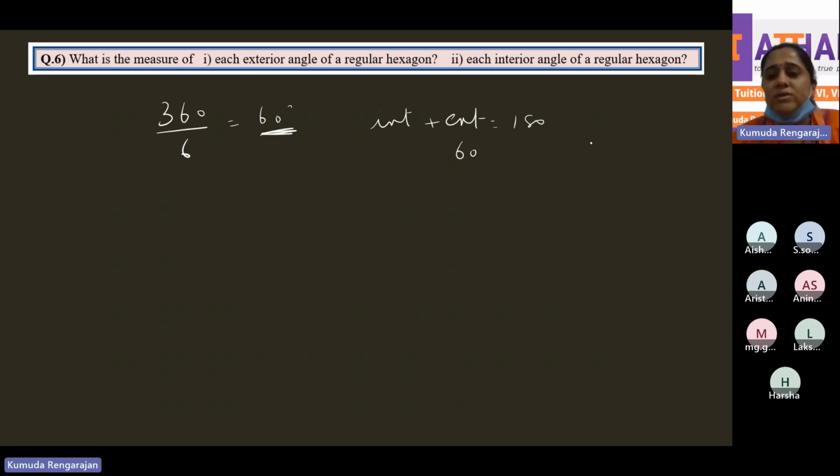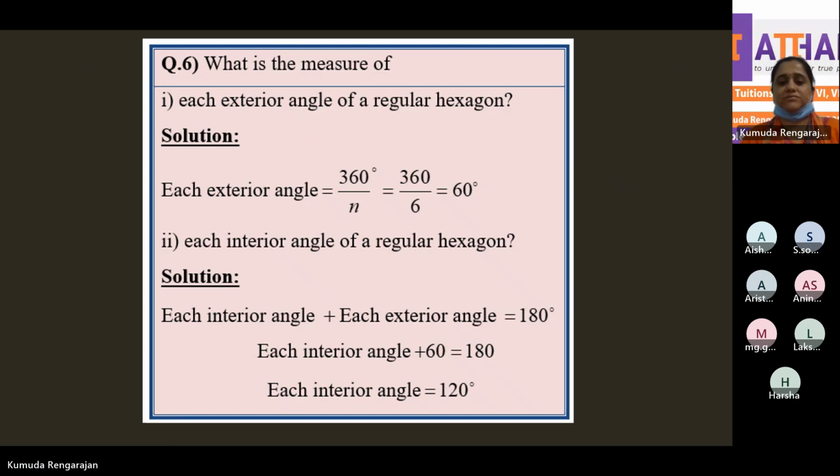Or you can use the formula n minus 2 into 180, which is the total, divided by n. We'll do the same thing. Write down, children.